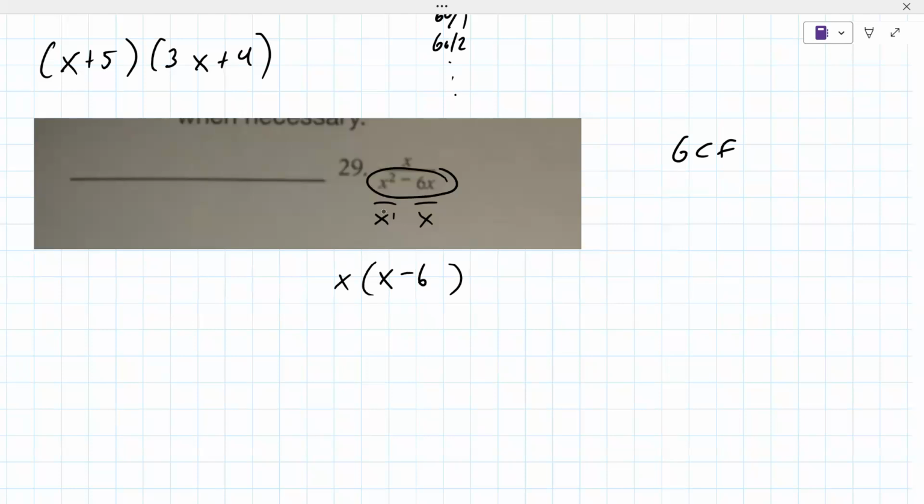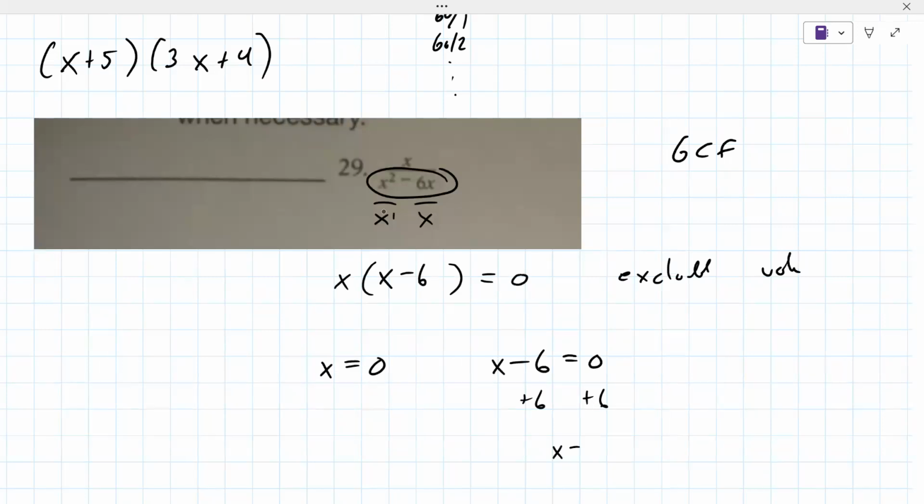The reason that's important is we have to set the bottom equal to 0 for the excluded values. So you're going to set x equal to 0 and x minus 6 equal to 0. On the right here, you add 6 to both sides. x equals 6. x equals 0.